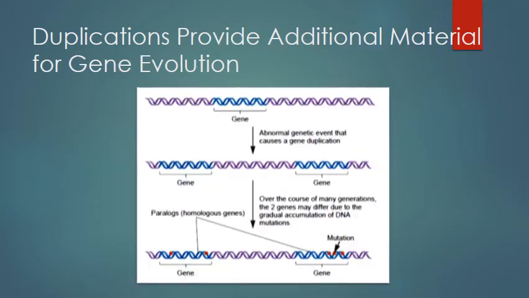Duplication provides additional material for gene evolution, sometimes leading to the formation of a gene family. First I'm going to discuss this figure, then I will give you a practical explanation for this duplication.